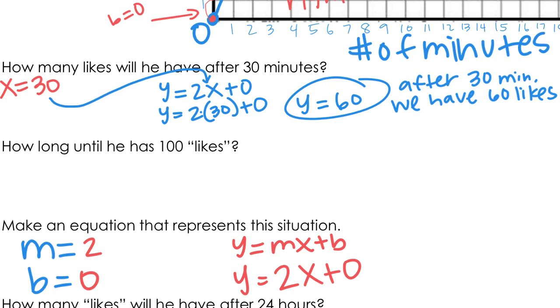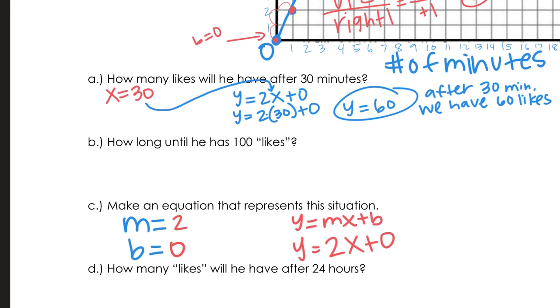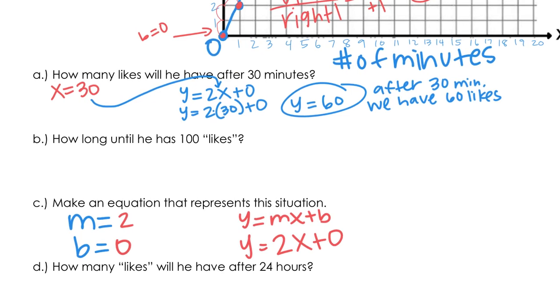Okay, let's read the next question. How long until we have 100 likes? Okay, so let's think about our equation again that we made. Y equals 2x plus 0. And this time they're asking about 100 likes.